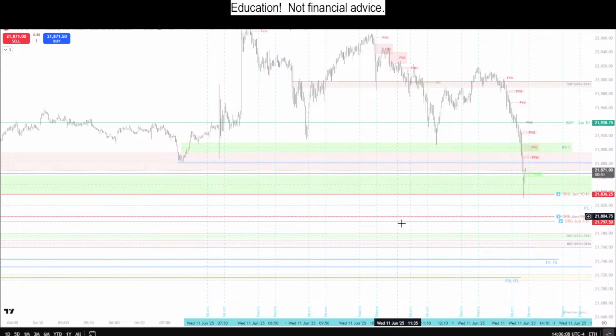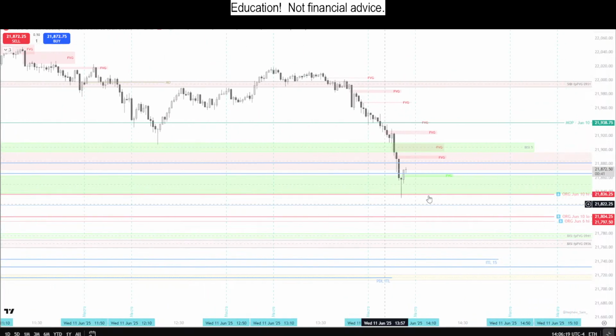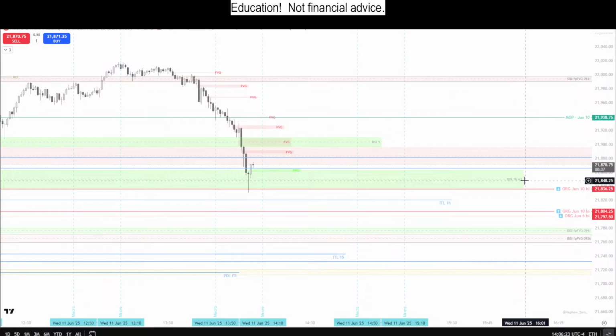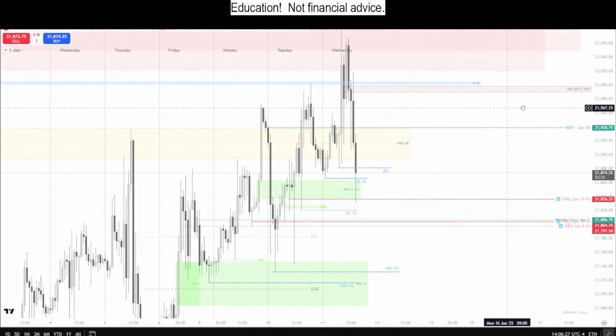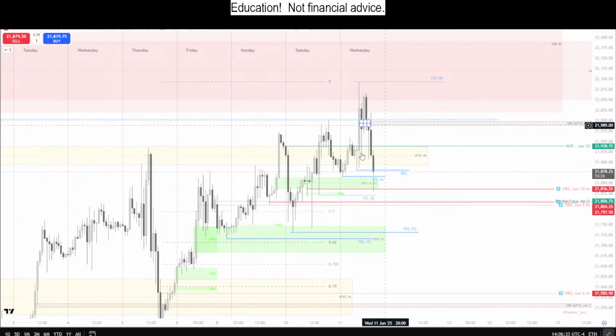Okay, so what we've done is we've come down here and swept liquidity below this low and this low and that low, and we've come into this bullish fair value gap over here, which is a 1 hour reclaimed bullish fair value gap. Let's go back to the 1 hour. And so far we might be repeating this pattern of wicking down and then climbing back up.